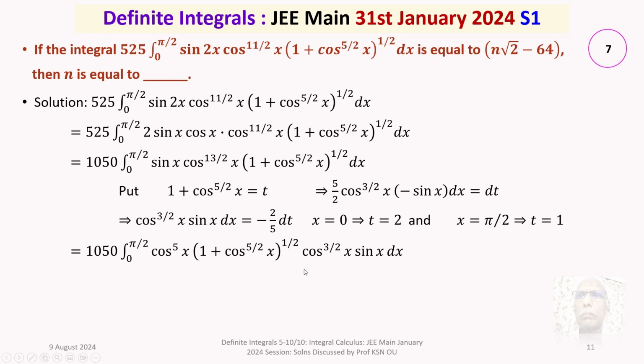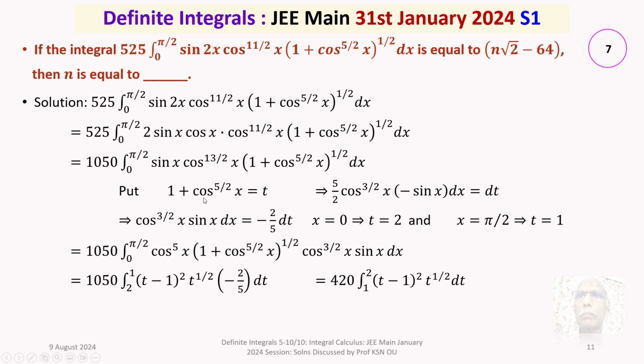So this is equal to 1050 integral 2 to 1 cos to the power of 5 x. Cos to the power of 5 by 2 x is equal to t minus 1. Cos to the power of 5 x is t minus 1 whole square into t to the power of 1 by 2, and cos to the power of 3 by 2 x sin x dx is minus 2 by 5 dt.